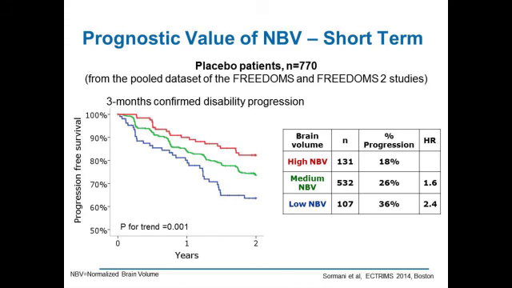So the volume of the brain has a prognostic value over the short term, predicting a higher probability of disease progression. But we do know that brain atrophy has a prognostic value also on the long term.